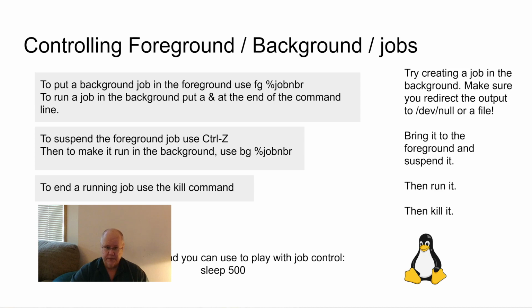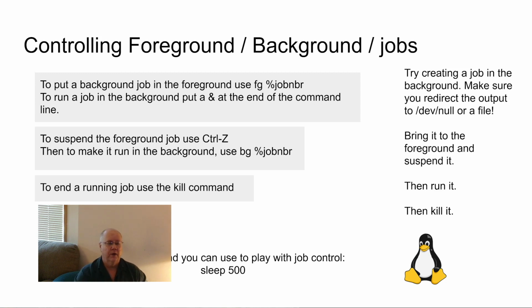I just showed you that in the process tree that you can create, you can have multiple jobs stacked up. They may be running, but only one of them is going to be active at a time. In the Linux job control world, the bash job world, the active job is called the foreground.